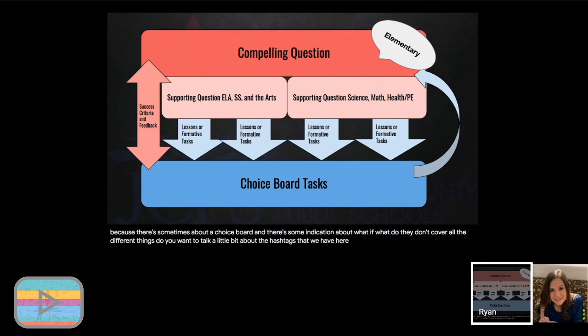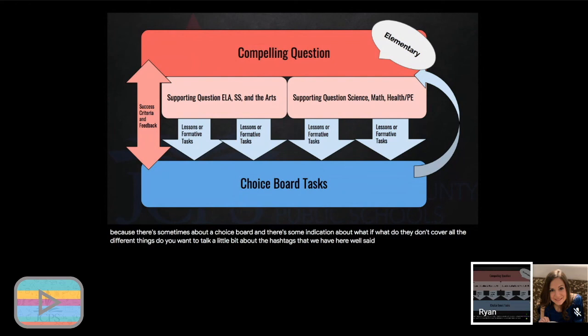But if we can use questions as an entry point for interdisciplinary planning, then that can help bring us to the table. Sometimes our standards don't talk to each other and they weren't designed to in some ways. But if we can come together around these relevant big ideas, these compelling questions that kids care about, then it gives all disciplines an entry point and it creates a more coherent experience for students.